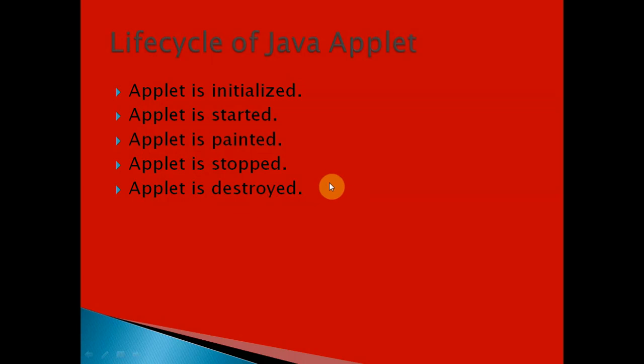These 4 states are referred to as applet is initialized, applet is started, applet is stopped and applet is destroyed. So these 5 activities constitute the life cycle of a Java applet. About this we will see by writing one program.